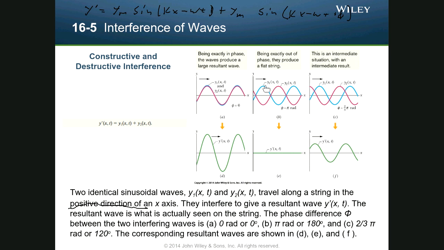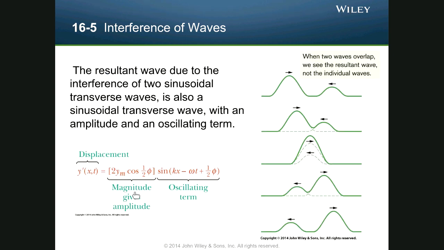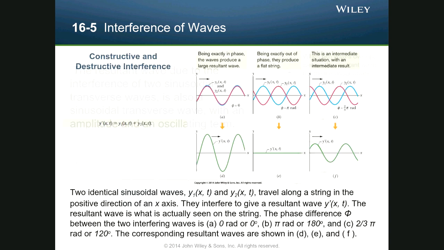In the first case, they line up, so it's 0. The phase difference between these two waves is pi, and between these two waves is 2/3 pi. That would come out when you're adding the amplitudes. You would plug in whatever that phi difference is in this term. So hopefully that makes some amount of sense.